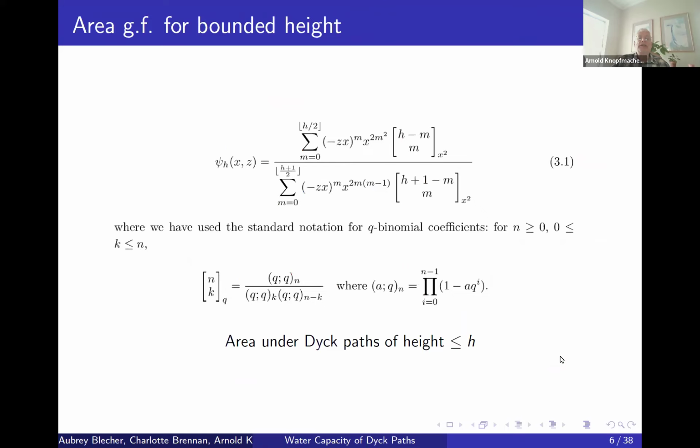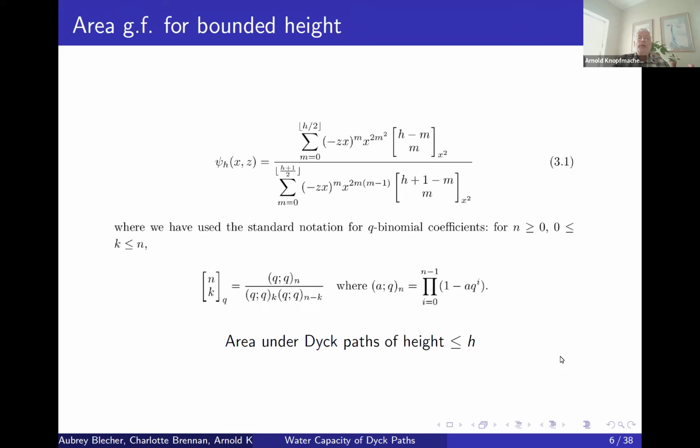So first thing we need is a generating function for Dyck paths according to both their semi-length, which is the z variable, and according to their area, which is the x variable. But while this is not a difficult problem to do if you just consider all Dyck paths, it's a lot trickier if one wants to do only Dyck paths with a bounded height of h.